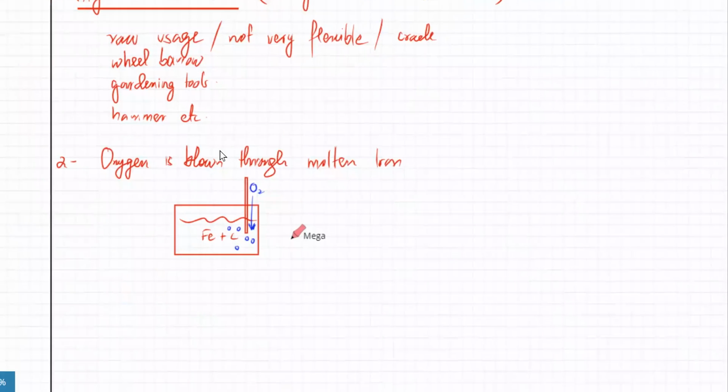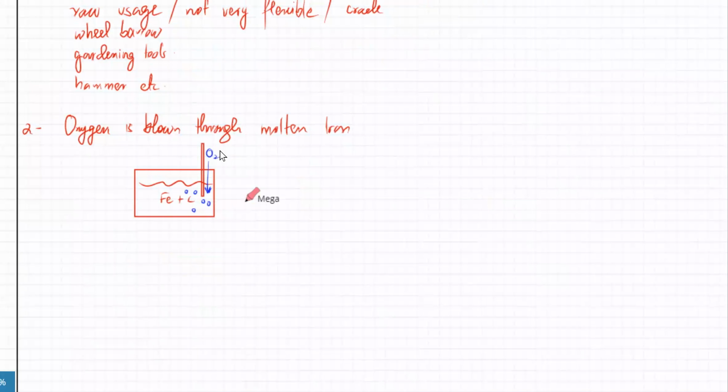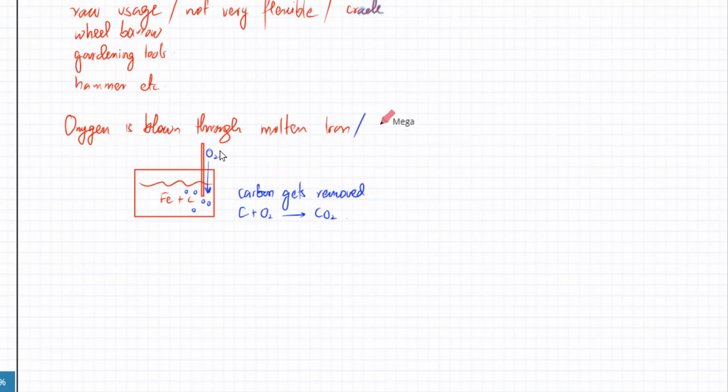When oxygen gas is blown through it, the carbon reacts and turns into carbon dioxide. So the second type of steel is known as mild steel, and this is done to get rid of the high carbon content.